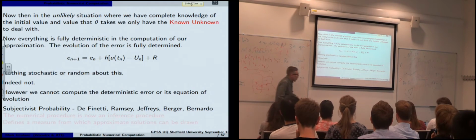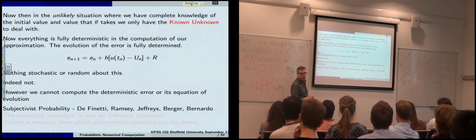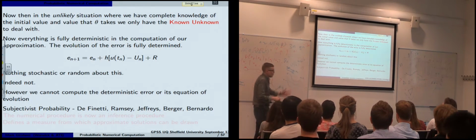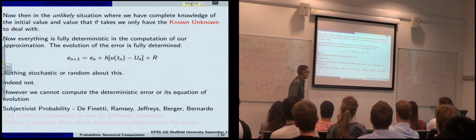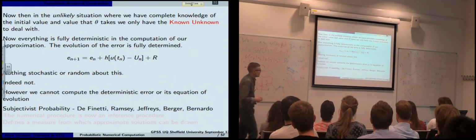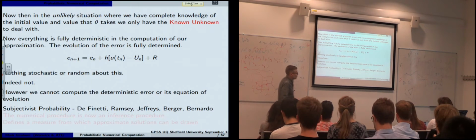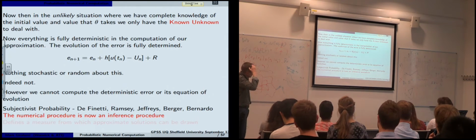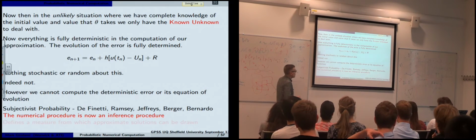And so there's a long tradition, a long history of subjective probability within the Bayesian tradition, going right back to De Finetti and onward to more modern day statisticians. And so I'm going to argue from a subjective probability perspective that numerical procedures should in fact be viewed as inference procedures.